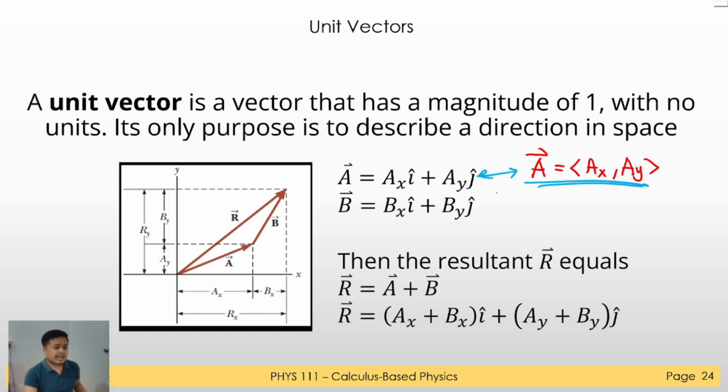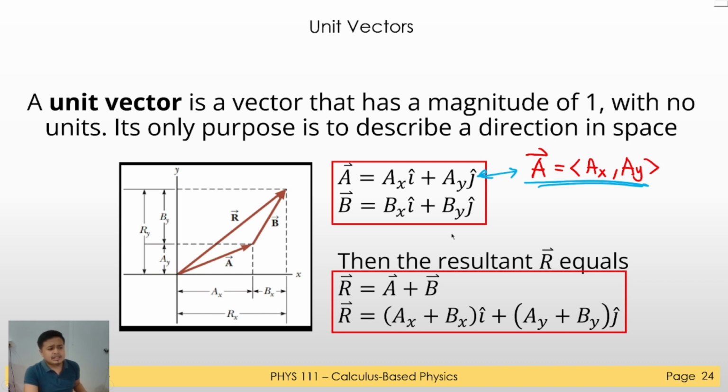And then the rules will still apply, but instead of the usual coordinate pair, we could represent this in this form. So that goes the same with adding vectors. We can just add their components respectively, just like what we did with the previous examples.